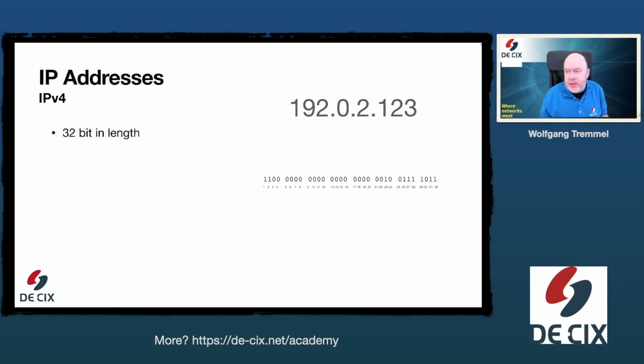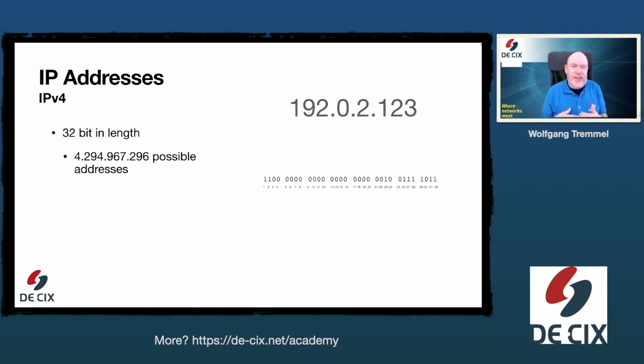IPv4 addresses, as I said, are 32 bits in length. This means there are a high number of addresses. A part of it is not usable, so usable are about 3 billion addresses, and they have all been used up.